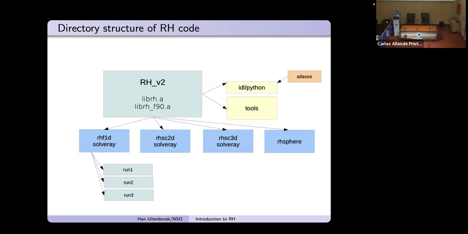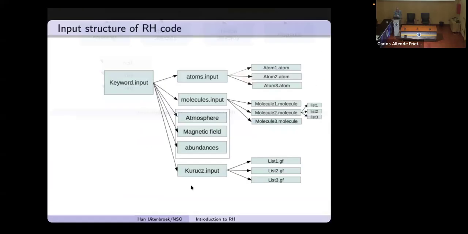Then there are the 4 geometry directories. In each of the 3 plane-parallel cases, there is the executable of the program itself, and then solveray to calculate the intensity in any given direction. Typically you would create different run directories for different cases in each of these as subdirectories. If you keep that general structure, then I think the code is very easy to use.